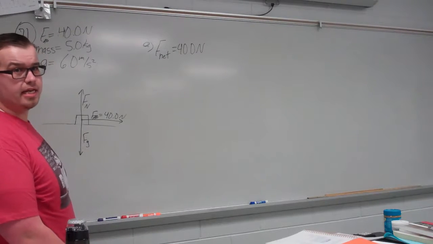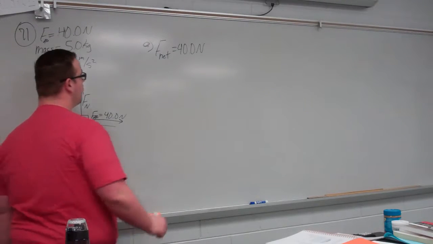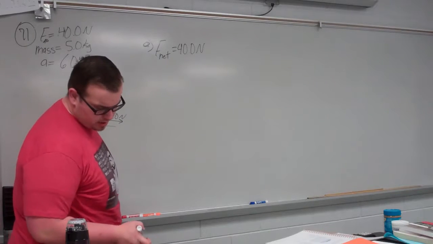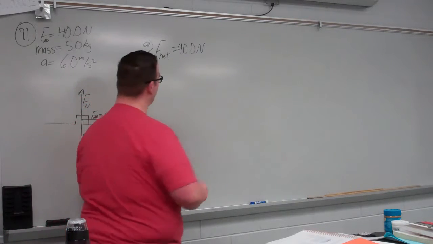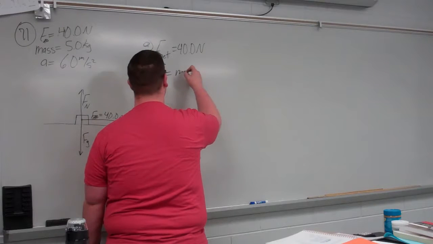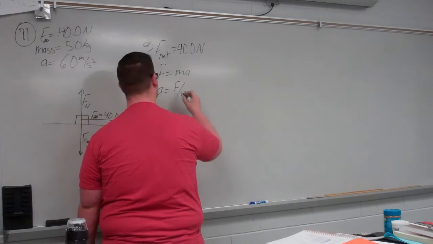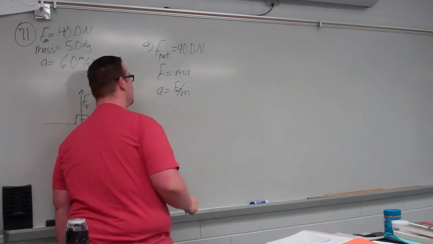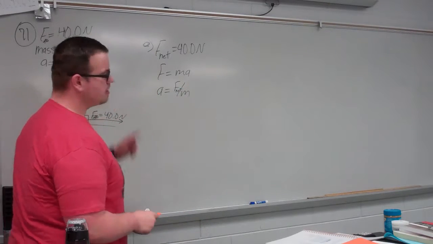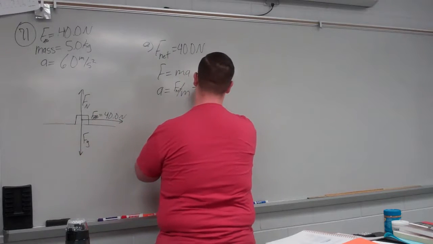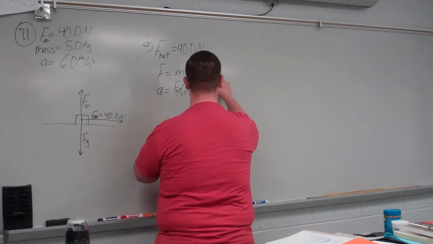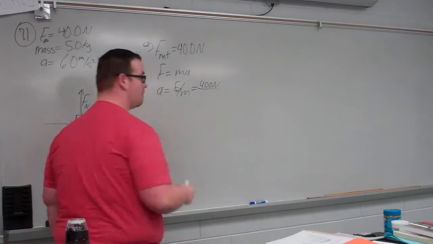In this, I'm going to be looking for an acceleration. So force equals mass times acceleration, and acceleration equals force divided by mass. In this case, we're dealing with the net force, which will equal 40 newtons divided by the mass of the box.